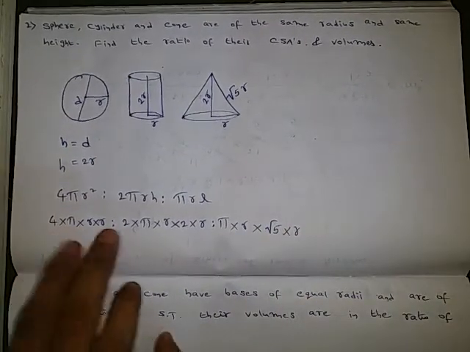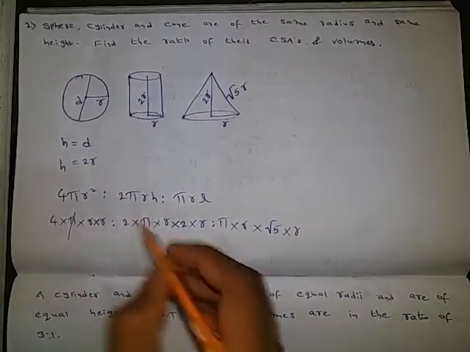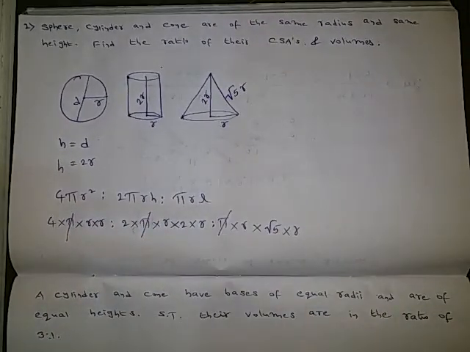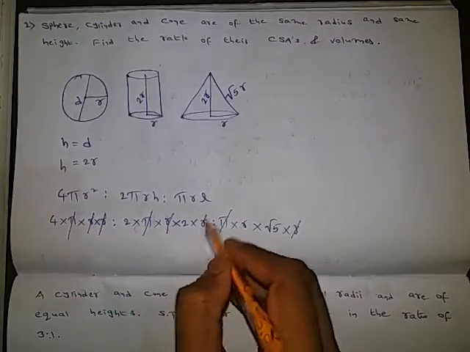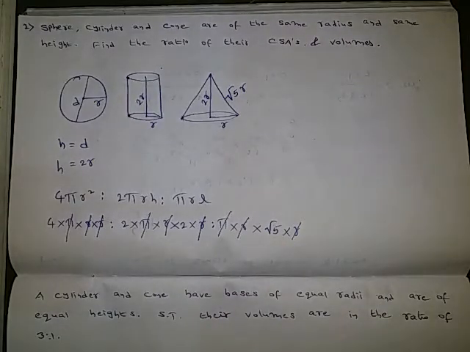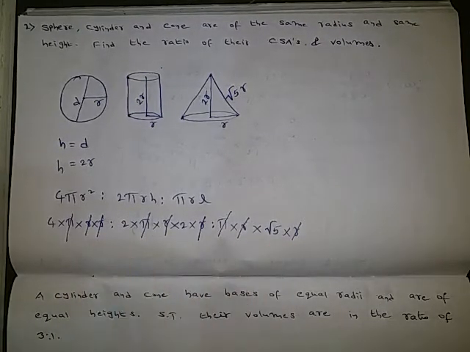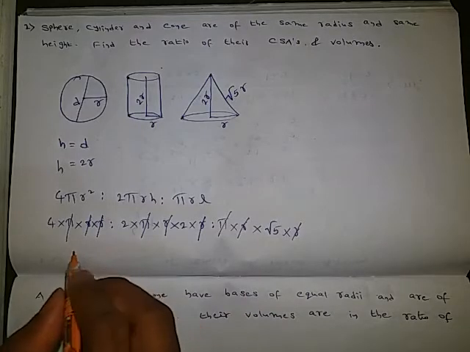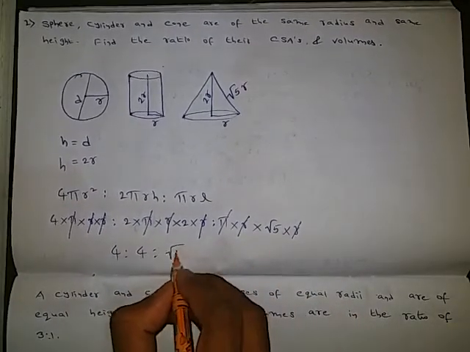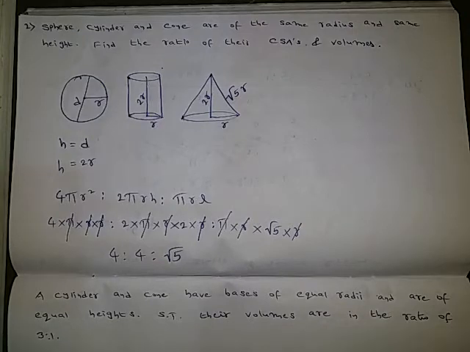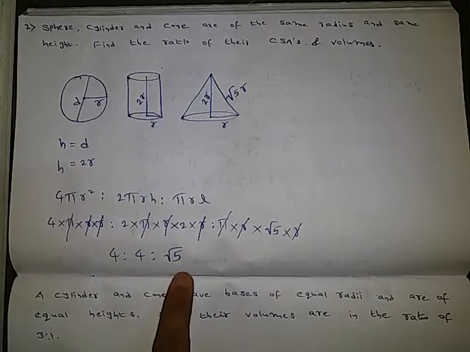Now if we compare these three terms, here pi will get cancelled, here r will get cancelled, here r will get cancelled. Still check, is anything common in all the three terms? No, nothing is common, so write the remaining. Then here 4 is to, here 4 is to, here root 5. So the ratio of the sphere, cylinder and cone curved surface areas is 4 is to 4 is to root 5.